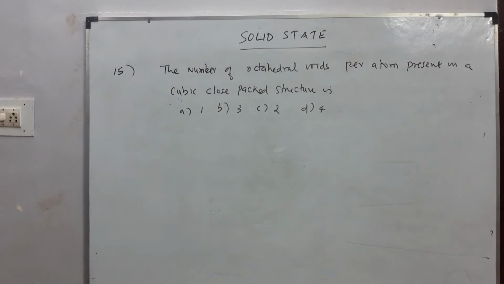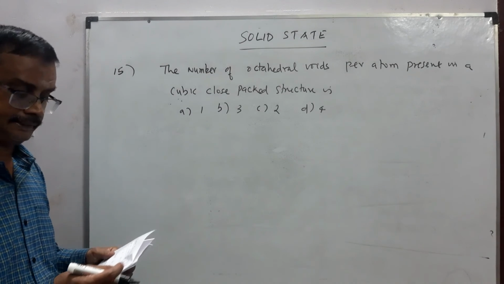The number of octahedral voids per atom present in a cubic close packed structure.